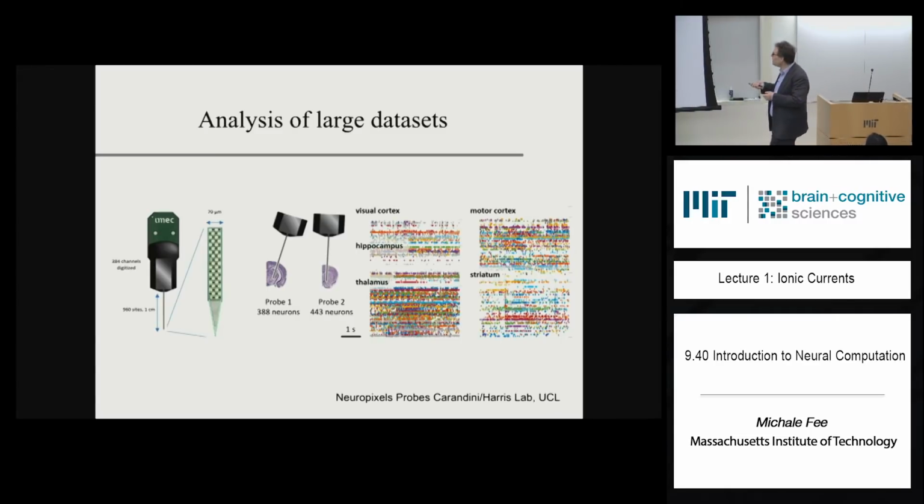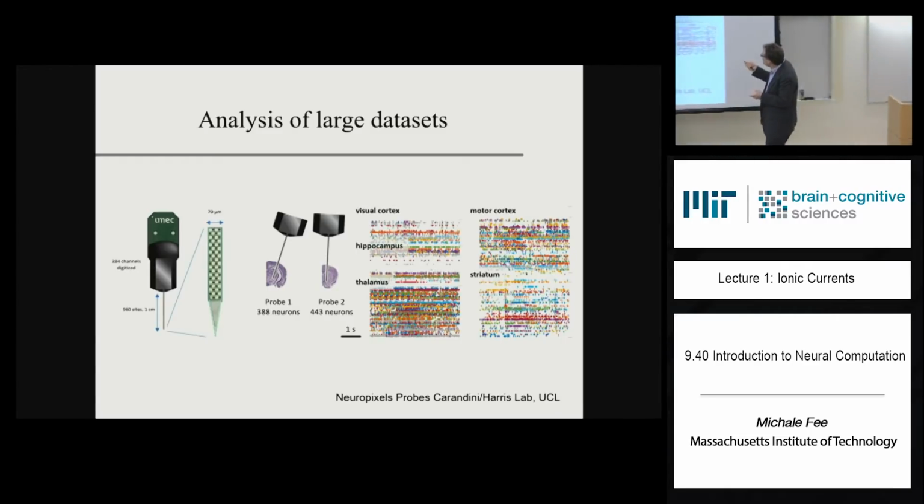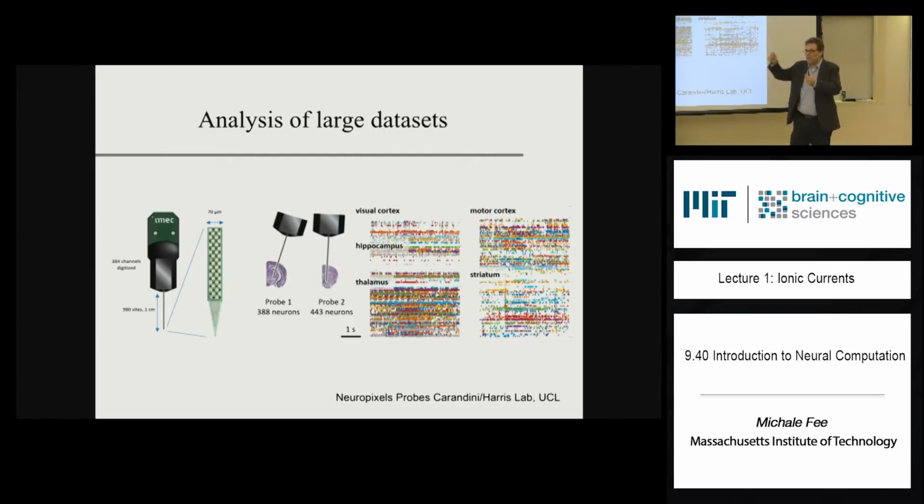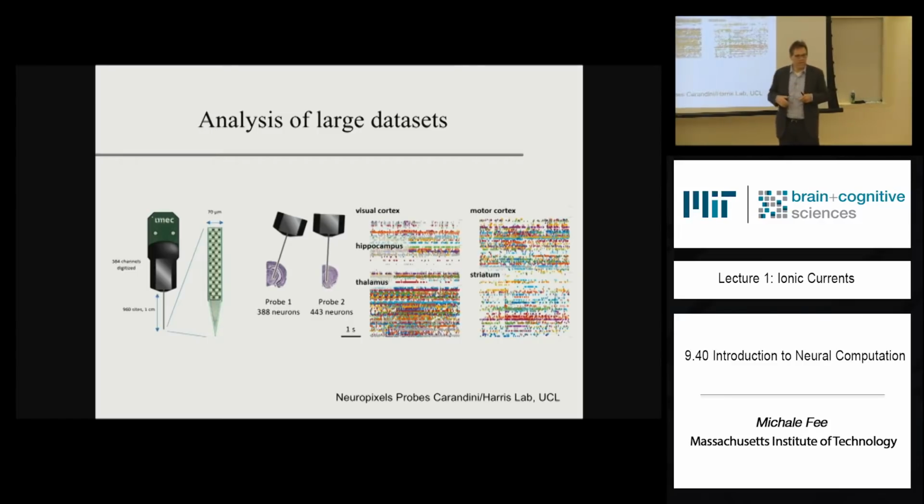It turns out that people are discovering that, while you might be recording from tens of thousands of neurons and it looks really messy, there's some underlying very simple structure. But you can't see it when you just look at big collections of neurons like this.